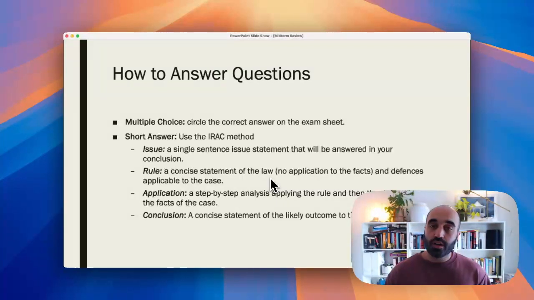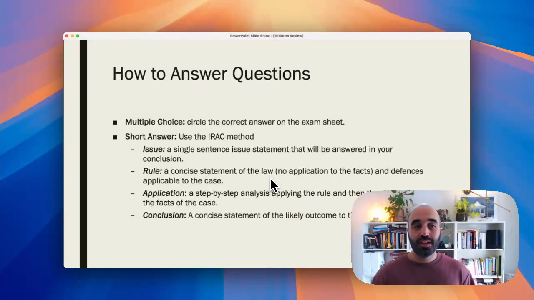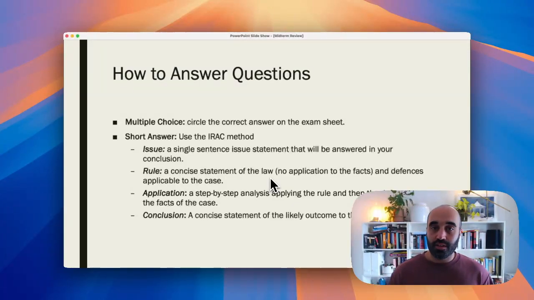So the first thing you want to do is you want to set out the issue. The issue should be a single sentence that you're going to answer in your conclusion with another one or two sentences, right? So for example, is the defendant likely to be found liable in negligence? That's the issue, right? Your conclusion will be then, yes, they are likely, no, they are not likely, right?